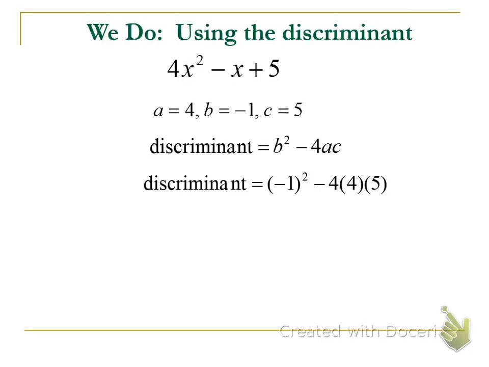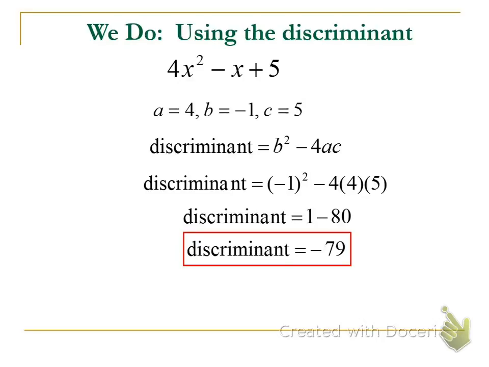So that's 1 minus 80, which is negative 79, and negative 79 is less than 0, so there are no real roots. There are 0 real roots. So if I were to solve that, there are no real roots for that quadratic.